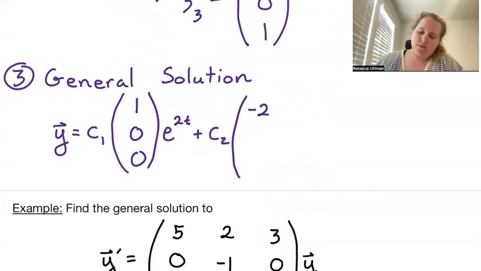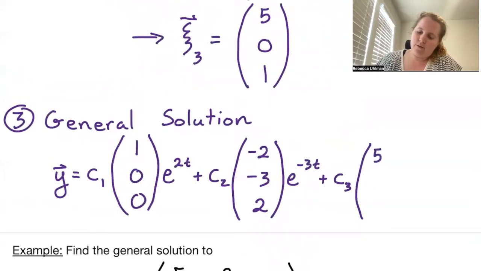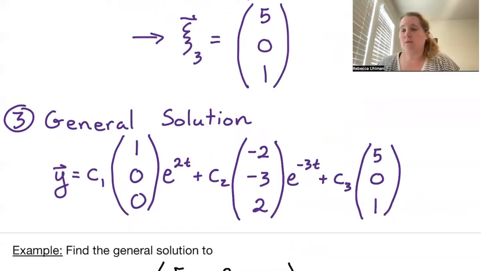So we have negative 2, negative 3, 2, times e to the negative 3t. Then we have plus C3 times 5, 0, 1. That corresponded to lambda equaling 3, so multiplied by e to the 3t. So this is one example of the 3 by 3 case.